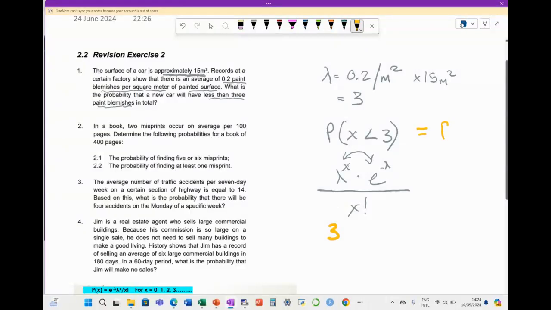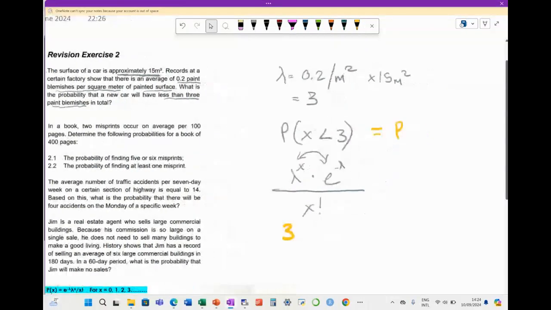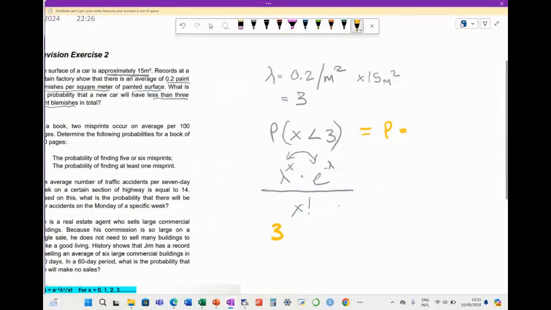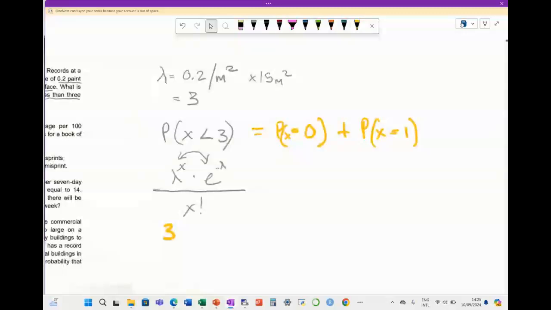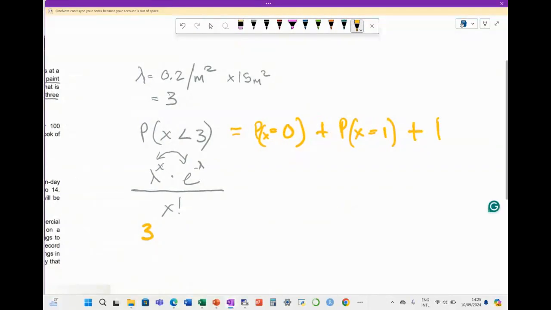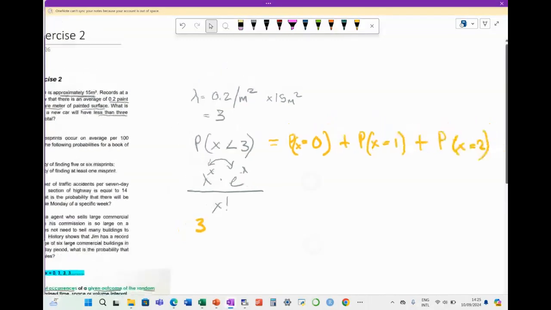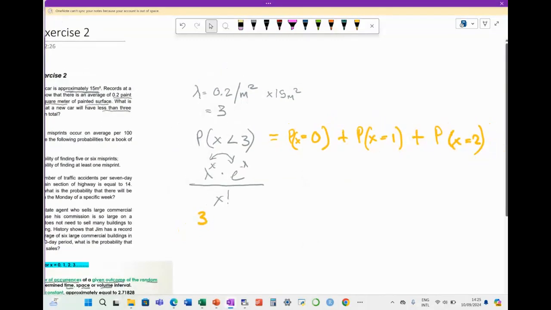We are basically saying the probability of x equal to 0, plus the probability of x equal to 1, plus the probability of x equal to 2, right? Because we said less than. So you basically now have to calculate all of these and add them together.